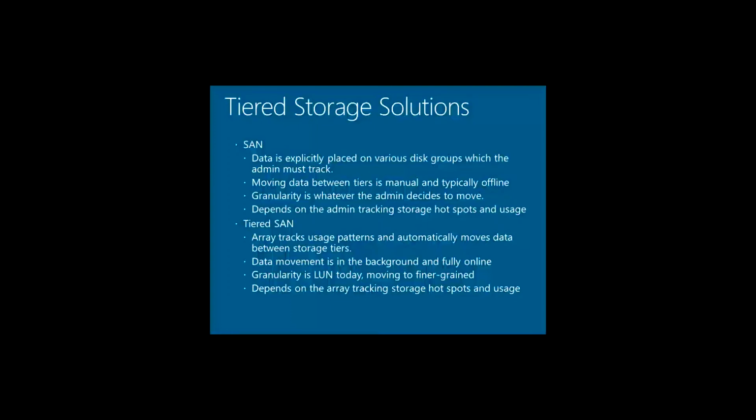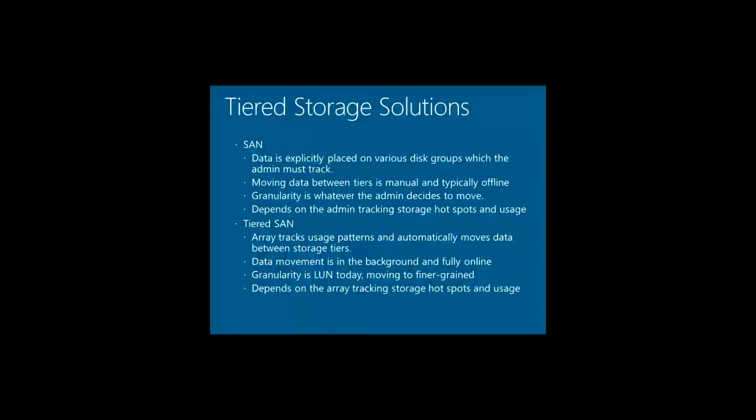So the SAN has the intelligence to observe access patterns, what data is accessed most frequently, etc., and migrate data in the background in an online fashion between slow storage and fast storage or vice versa as access patterns change. And there's a fair amount of very sophisticated IP that goes into determining when to make those moves to optimize performance overall.